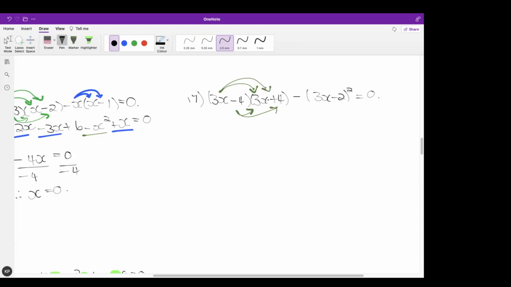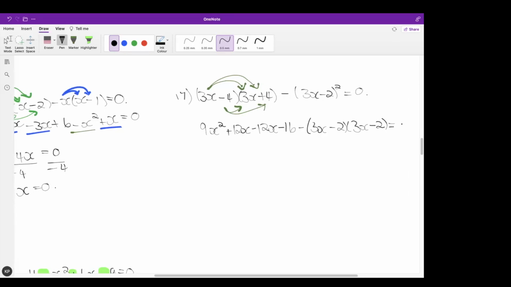Okay, so when we FOIL the first two, we're going to have 3x times 3x, which is 9x squared plus 12x minus 12x minus 16. Then I'm going to expand these brackets, meaning write them out so I can FOIL properly. Equals 0. Okay, we have an answer from Lucheval as well.